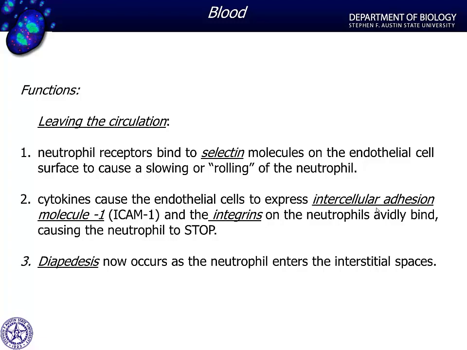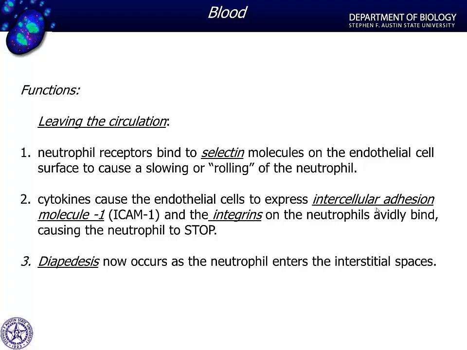Now, as we look at diapedesis, the way that white blood cells in general, and we're just looking at neutrophils in this particular instance, the way they're able to leave the circulation, remember, they're flowing very rapidly through the bloodstream. And so it's not as if they can just reach out, grab a hold, and diapedese their way through very easily. There's going to be steps to this process.